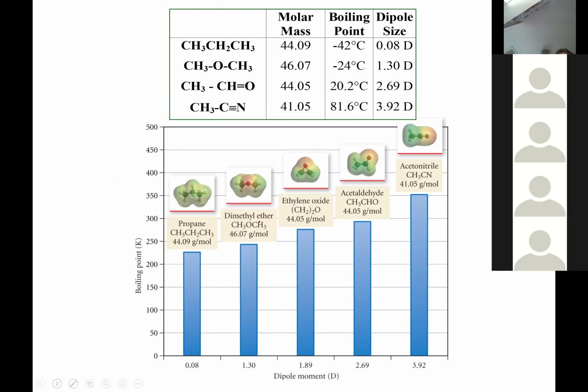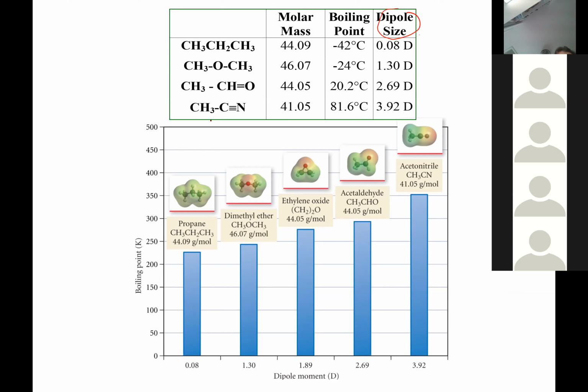And so this slide here is showing you 4 different molecules with different levels of polarity. The polarity is indicated by the dipole size. Propane has only 0.08 dpi.